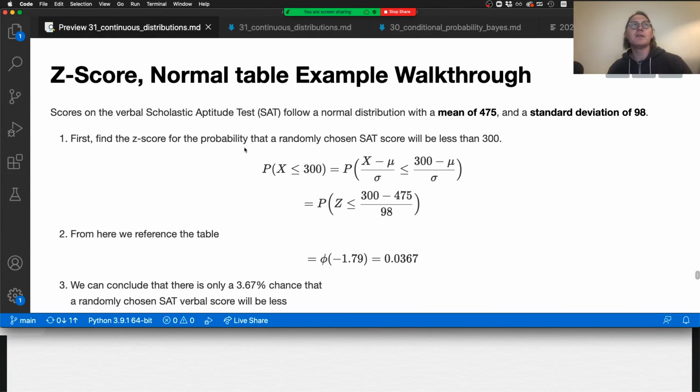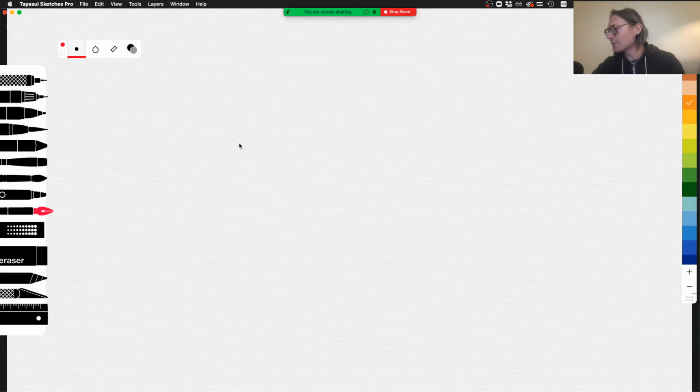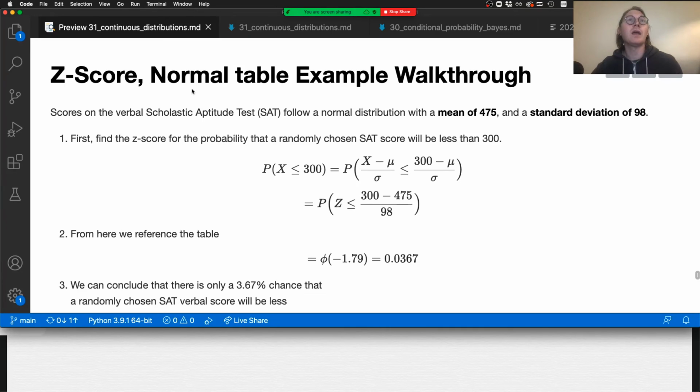So scores on the verbal scholastic aptitude test follow a normal distribution with a mean of 475 and a standard deviation of 98. So we've got mu. So we've got a mu of 475 and a standard deviation of 98.